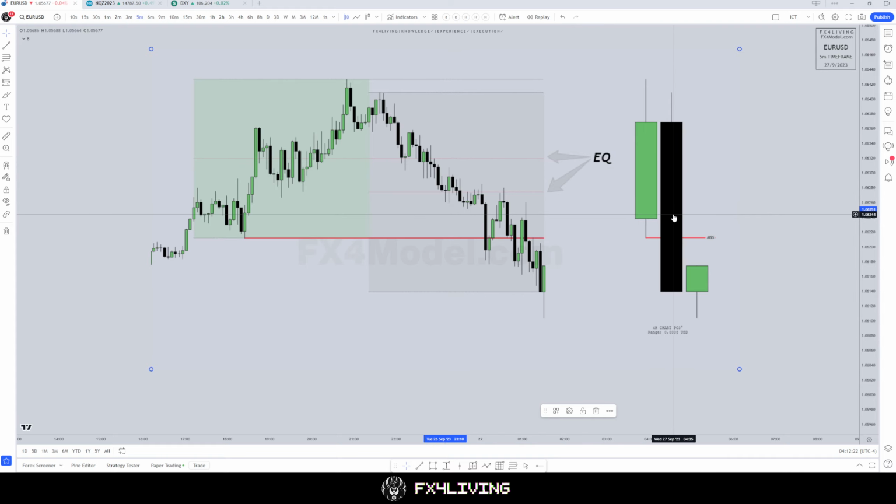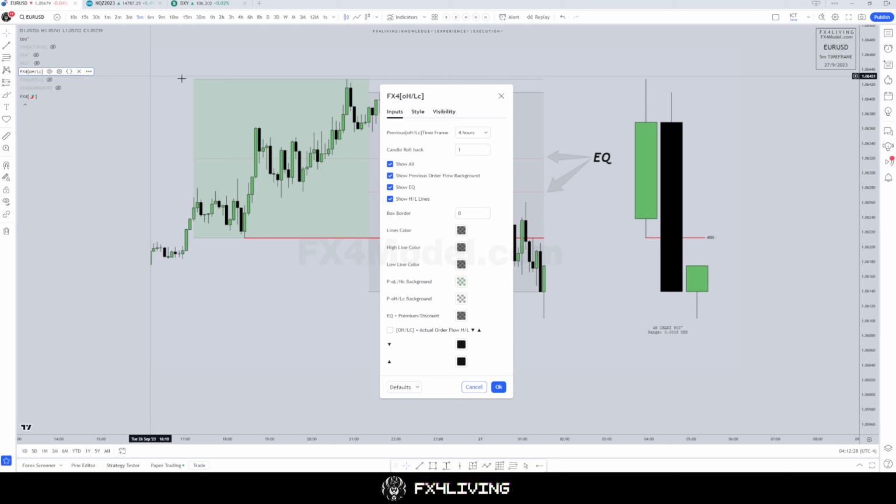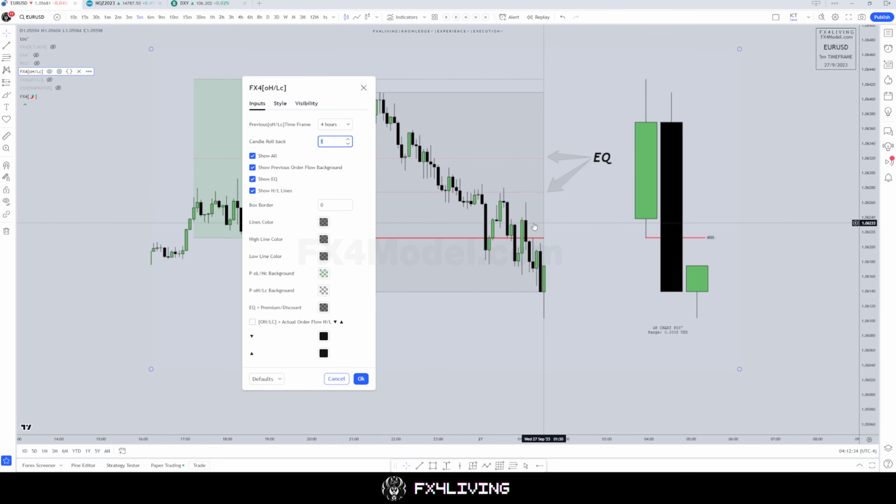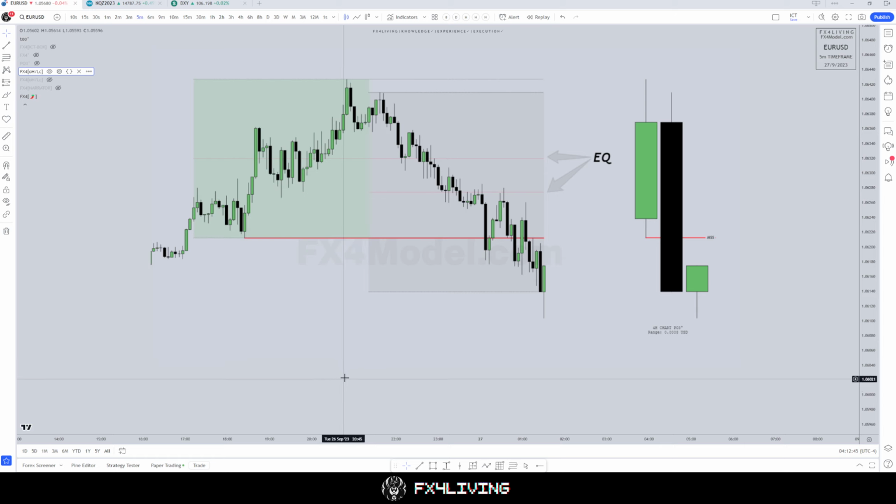Those boxes are plotted with my HLC tool, the one I have on my website. You just use this 4 hour here, the rollback one, and you can add the highs and lows, the equilibrium, all that. If you want, you can just show the box, and you use two of those.